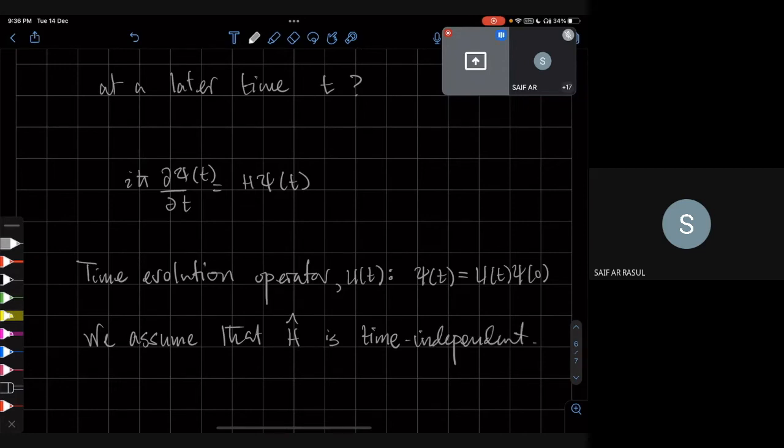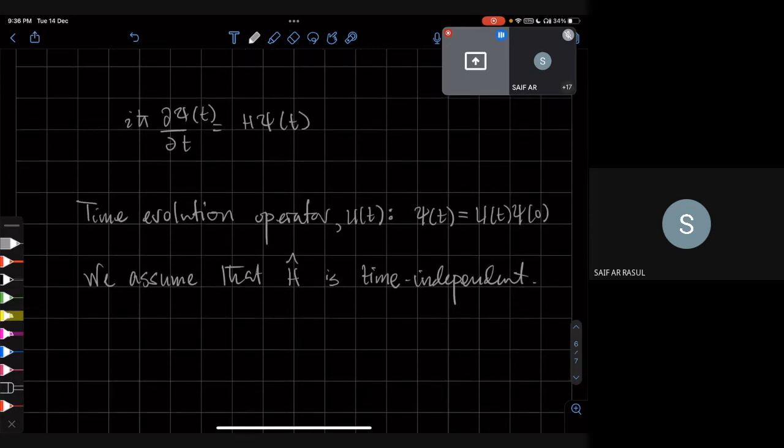That means that the potential energy just depends on space. It doesn't depend on time. If we take a Hamiltonian which is time dependent, the solution is a little bit more involved, and the formal solution involves something called the Dyson series, which is not something we will get into in this course. So under this assumption, what happens to this equation?